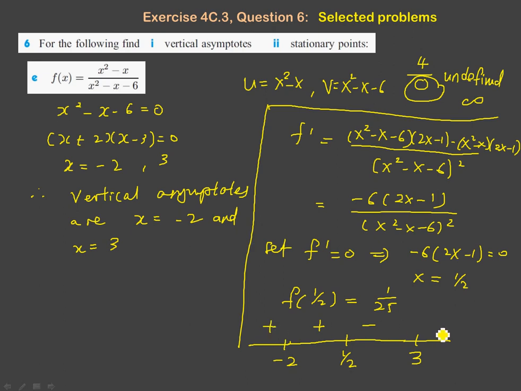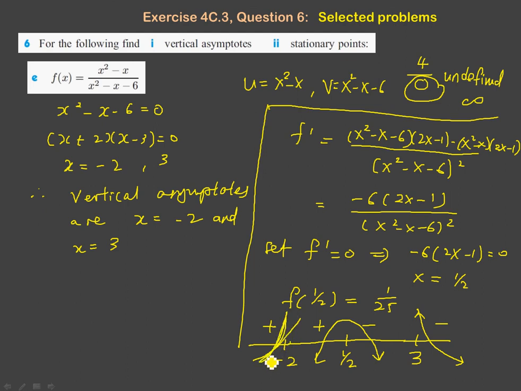Choose, say, 4, and you probably get some value, it doesn't matter, but we know it's going to be negative. And from there, the shape of the graph is always positive, like that, and then negative when it cuts through a half. And this is what you get.